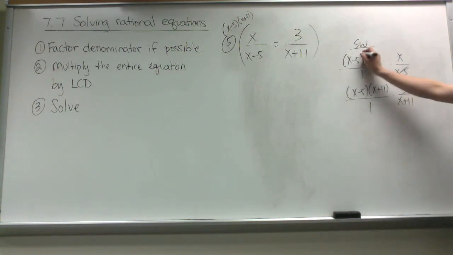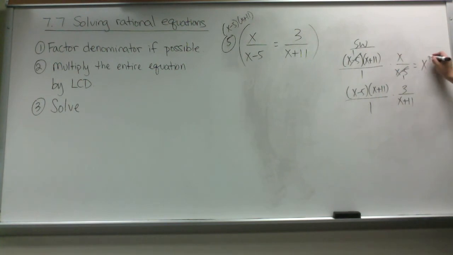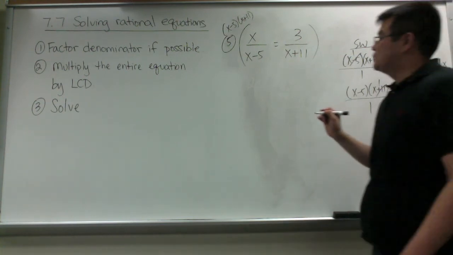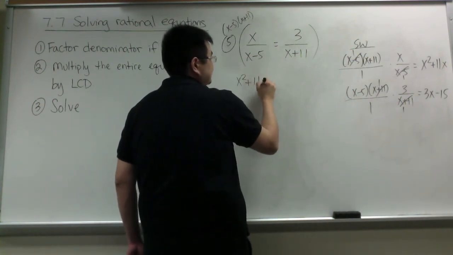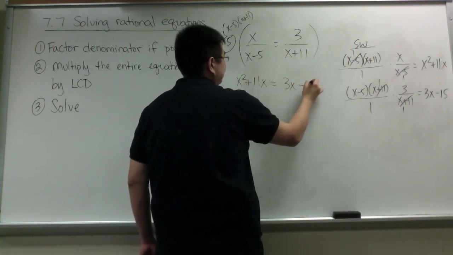The x minus 5's divide out, and we're left with x squared plus 11x. Then the x plus 11's divide out, we're left with 3x minus 15. So we're going to replace the fractions with x squared plus 11x equals 3x minus 15.